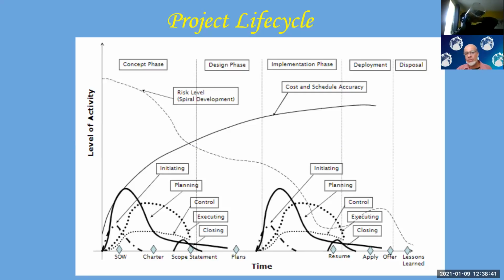And then there's an implementation phase when you actually do the work, you start to see some results. And then when it's all done, you deploy your product or your service into the market for people to use. And at some point it might get disposed and you close out your project and you're done. So that's from a high level conceptual perspective, the 5 phases of a project.